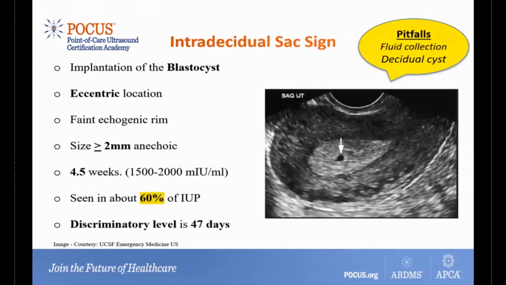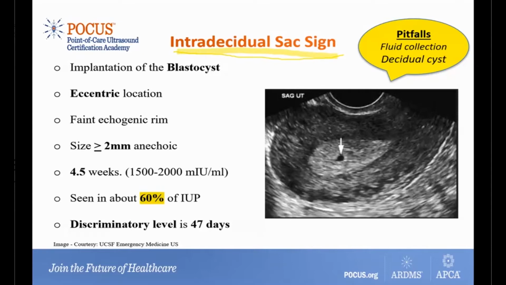The first sign of intrauterine pregnancy is the intradecidual sac sign. We can see over here that a very tiny anechoic structure is seen within the endometrial cavity.